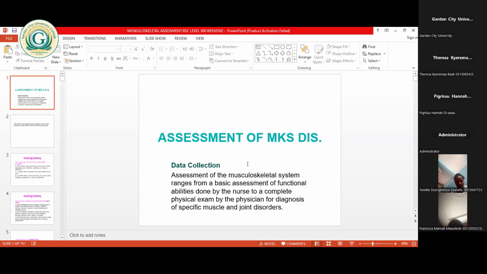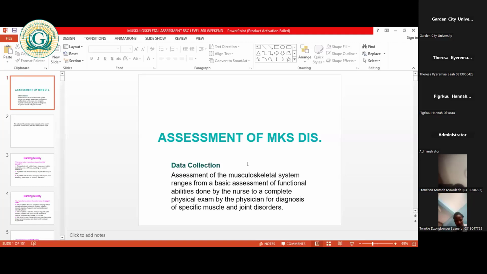These are functional abilities. So the nurse assesses the patient on the functional abilities. This is done by the nurse. Then comes a complete physical examination by the physician for diagnosis of specific disorders of the muscles and joints.